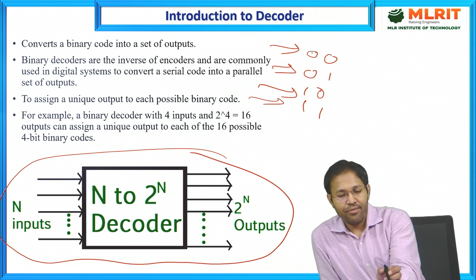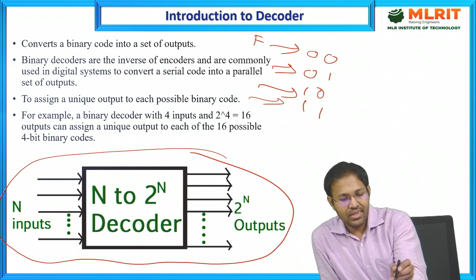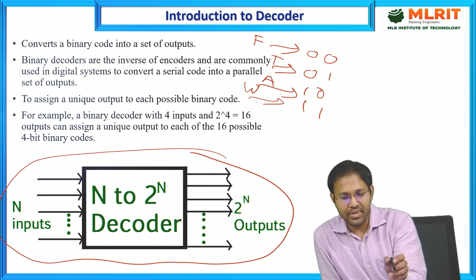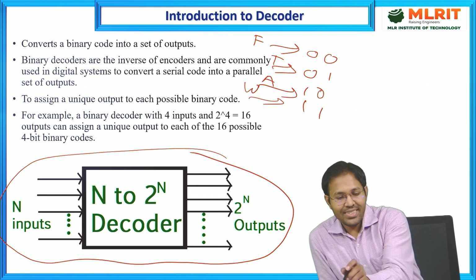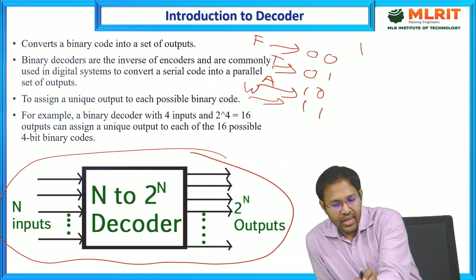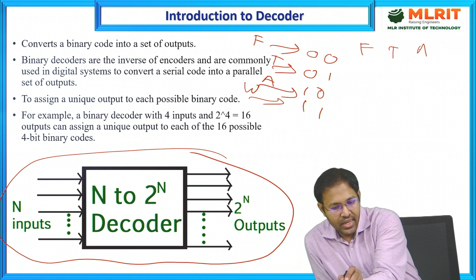So, suppose this is the fan, this is the tube light, this is the AC, and something else, suppose a washing machine. Now let us take the corresponding outputs: fan, tube light, AC, washing machine.